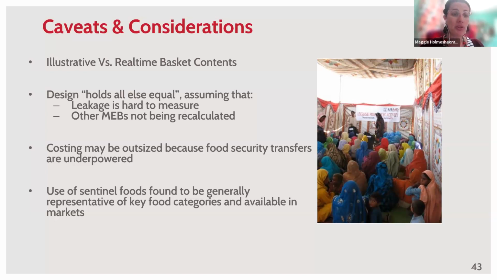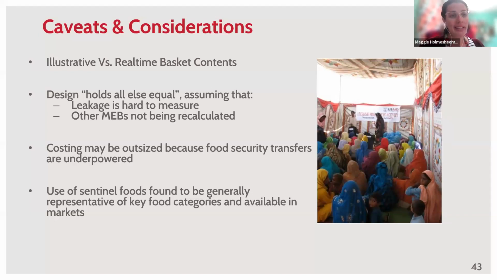And we also presumed that the MEB for the general food assistance was not going to be recalculated. So we did it based on the actual transfer amount of the MEB at that time. And we put a caveat into the guidelines that the transfer values for nutrition and the coverage could be recalculated at regular intervals as the guidelines are updated as the cluster sees fit.